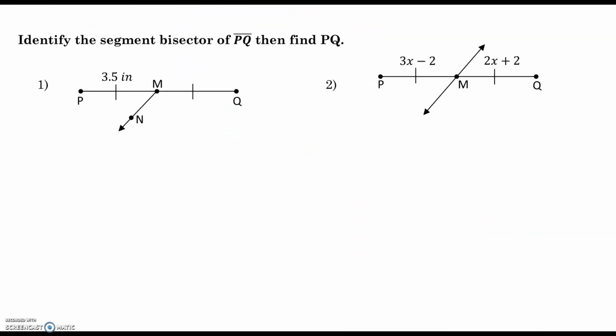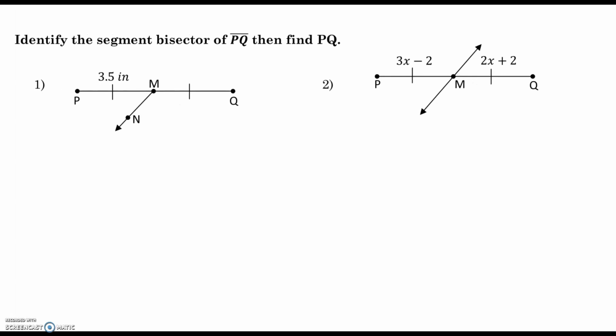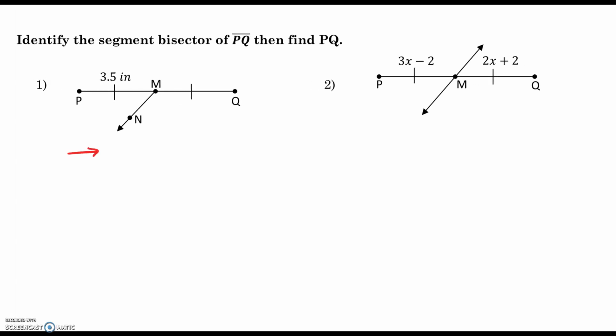Next, we want to identify the segment bisector of PQ, and then we want to find the length of PQ. So for number 1, the segment that bisects and intersects the segment at the midpoint is ray MN. Ray MN is our segment bisector.